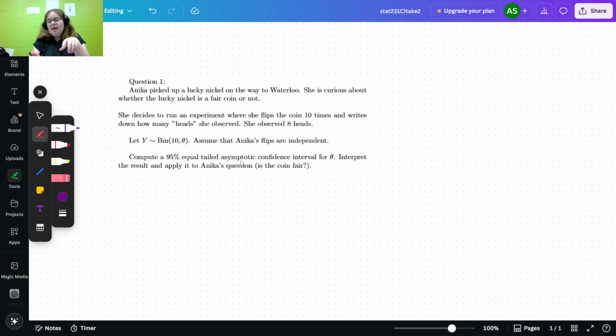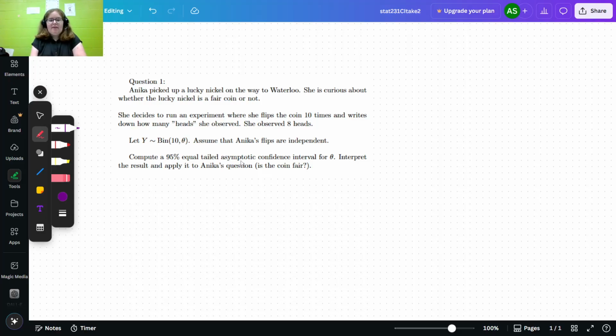So, say a pivotal quantity based on the binomial distribution in this case. Whereas the asymptotic ones are, we apply the central limit theorem to approximate our distribution as the Gaussian distribution instead. That's why we call it asymptotic or approximate. So we're going to use the asymptotic one here.